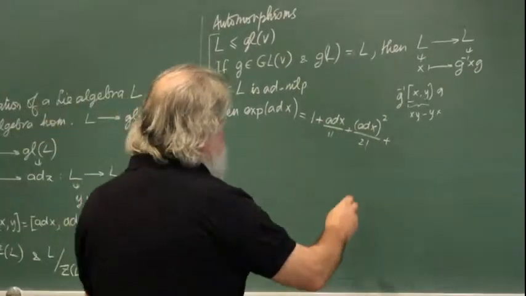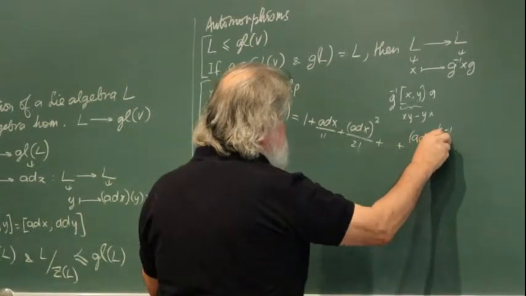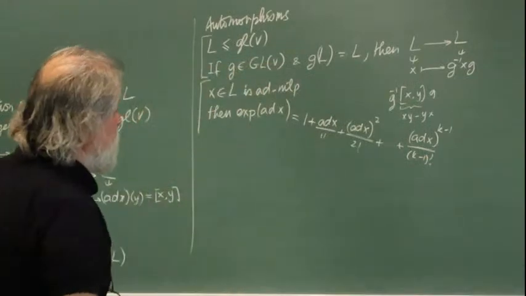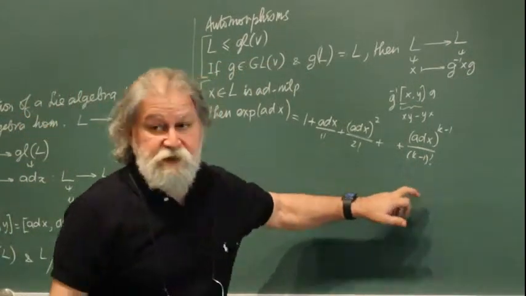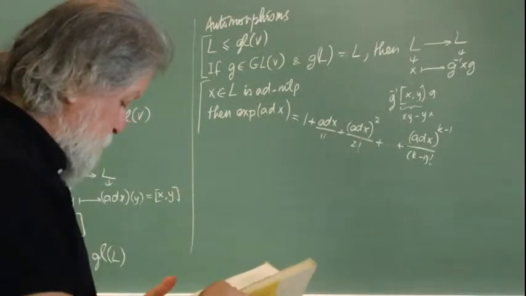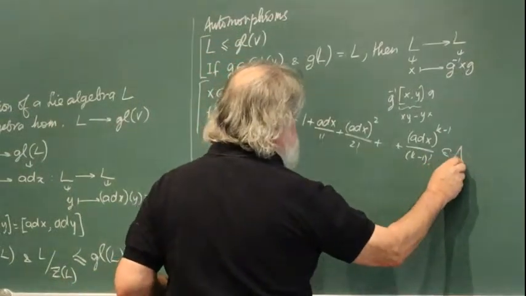By square, I mean composition, of course. Say it stops at k minus 1. Of course, here you need characteristic 0, or at least characteristic greater than or equal to k. Now, this is an automorphism of L.